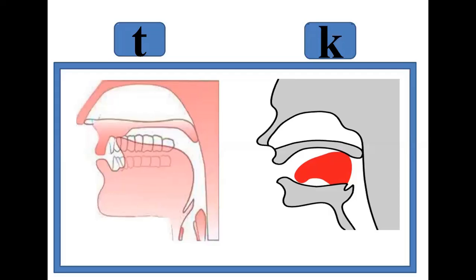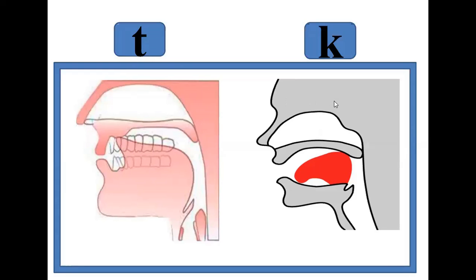Okay, so now try making the sound K, children. K, K. You would have noticed how the back of your tongue touches the back of the roof of your mouth, isn't it? Right. So we can say that in order to make the sound T, the front of the tongue is used.